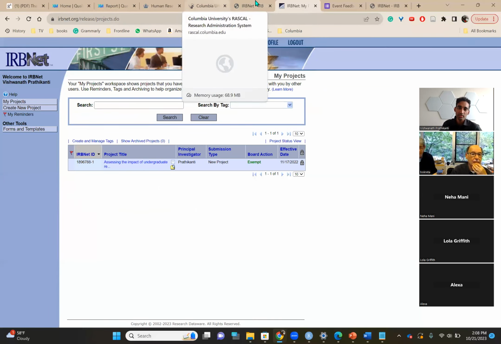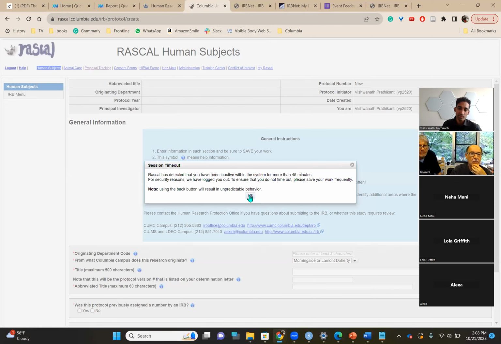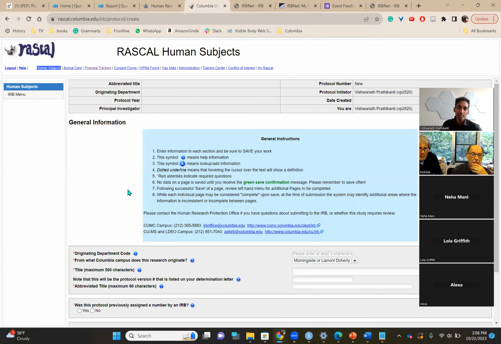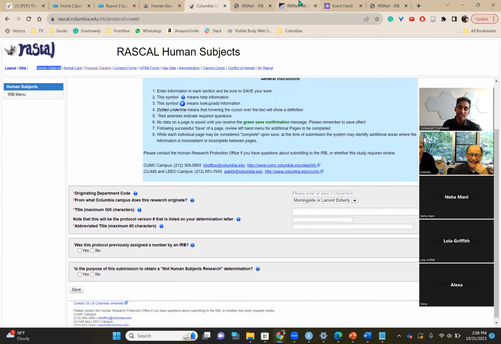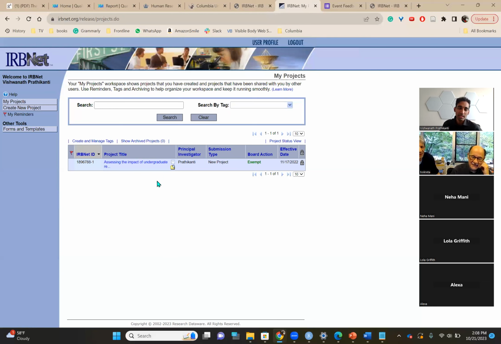At Columbia, it looks a little bit different. It looks like this. Oh, session timed out. At Columbia, for example, it looks like this. I have no idea why Columbia decided it would be a good idea to call their IRB thing Rascal. Go figure. But anyway, I'll stick with the UC Davis one because it shows a completed IRB project.